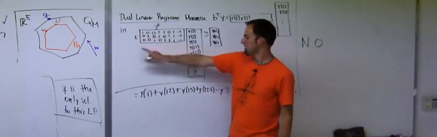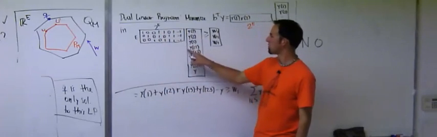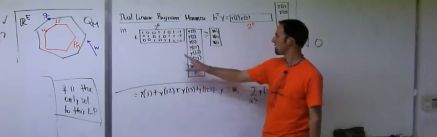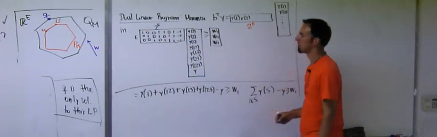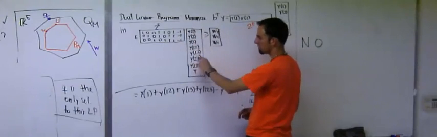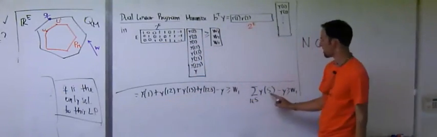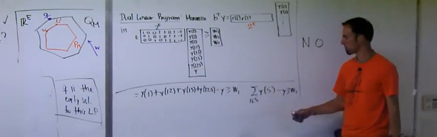So what are the entries that are non-zero? Well, y1 plus y12 plus y13 plus y123. In the first row, you have a 1 exactly when the set contains a 1. And so the terms that appear in the sum are exactly the sets that contain 1.